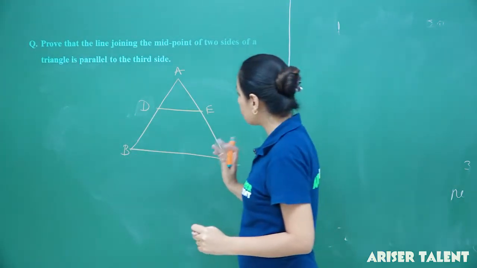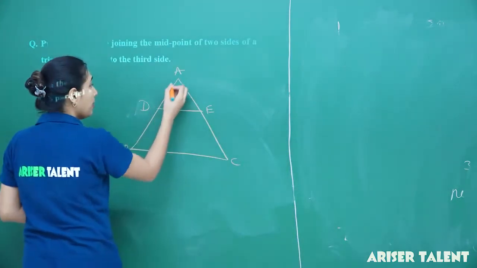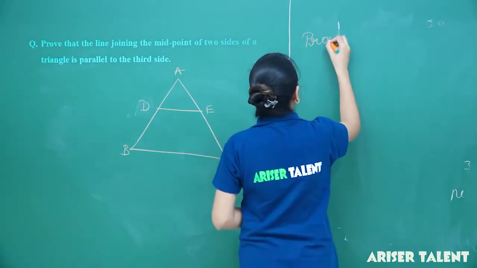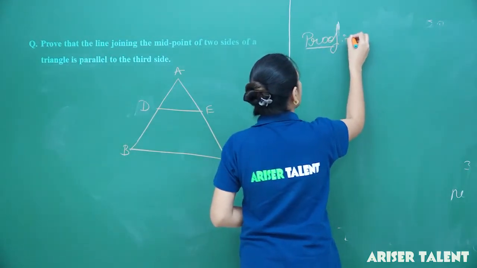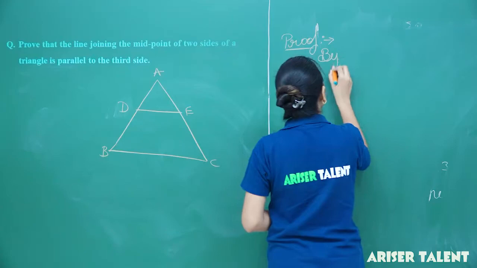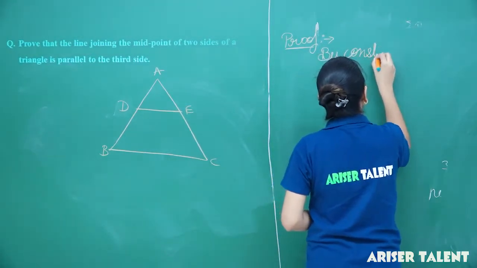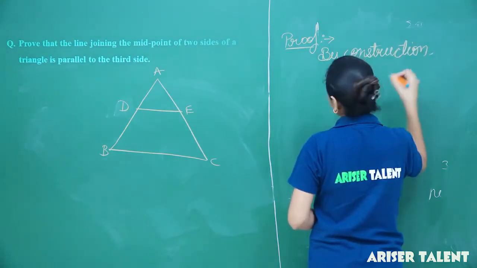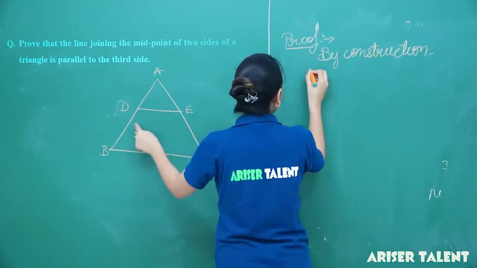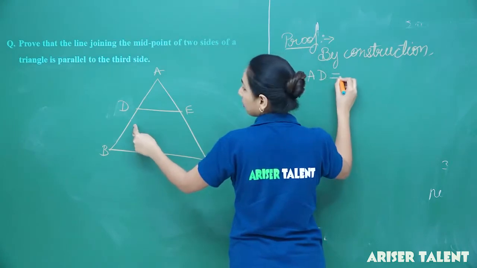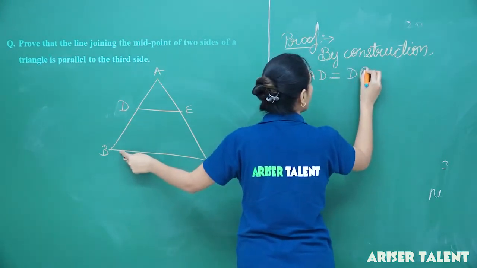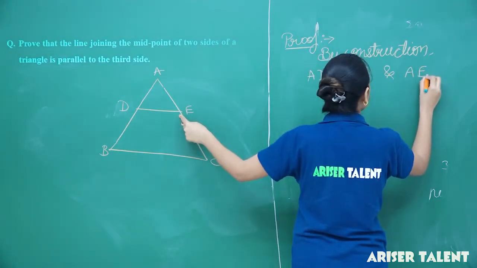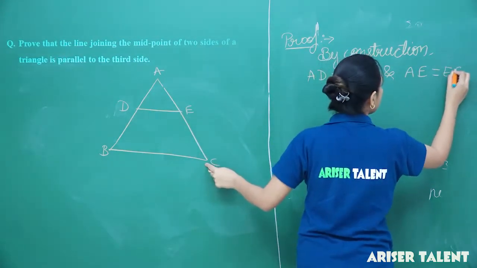Okay students, so by construction, what we are having, AD equals DB and AE equals EC.